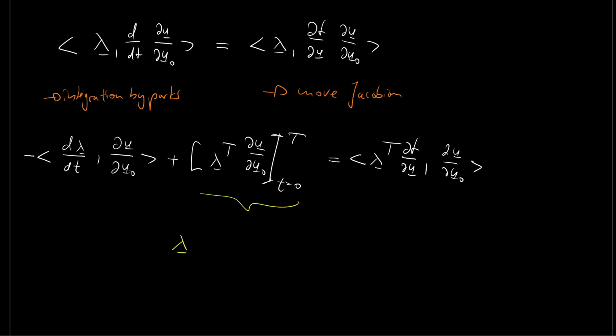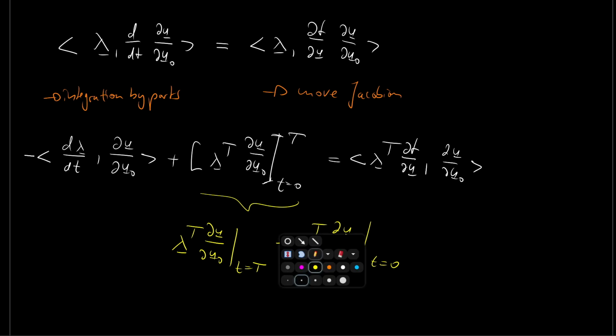So we will get lambda transpose du by du0 evaluated at t equals capital T, and then minus lambda transpose du by du0 evaluated at t equals 0. And the second term in our case now will not be 0 anymore, but we can simplify it further.